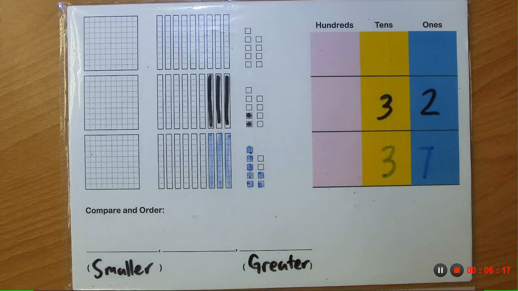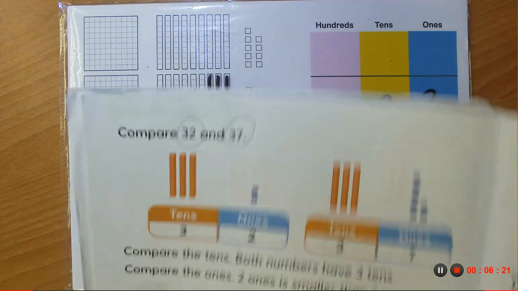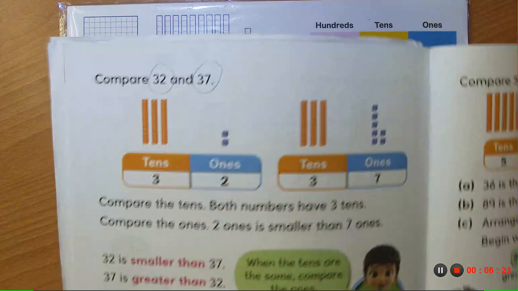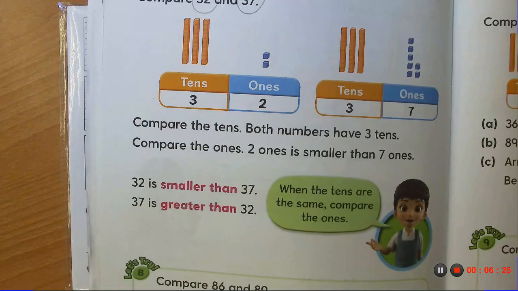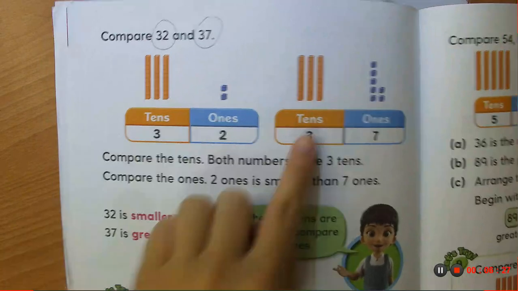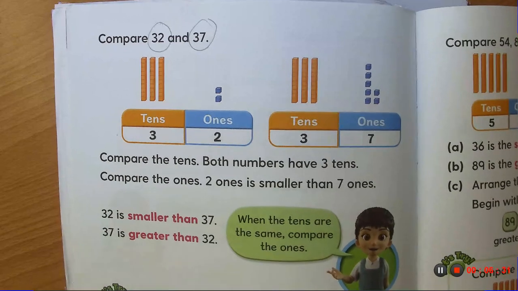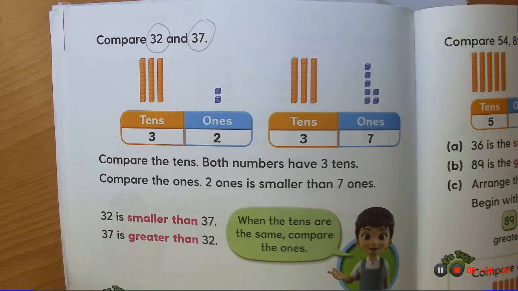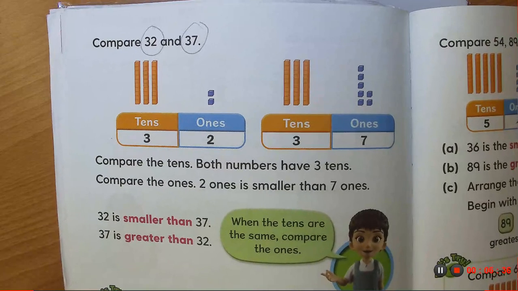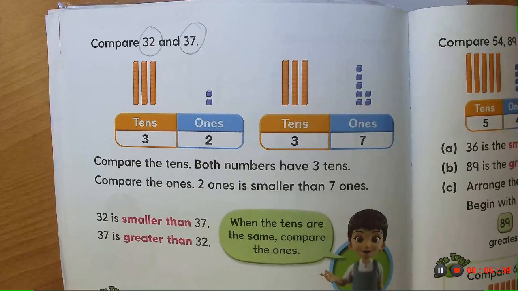Now, let's take a look at how the textbook explains this. Look, we will always compare from the bigger place first, the tens place, because one stick of 10 is already 10 little ones. So we can start to compare the numbers from the bigger place, which is the tens place.